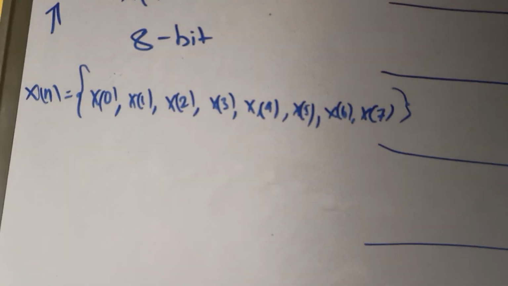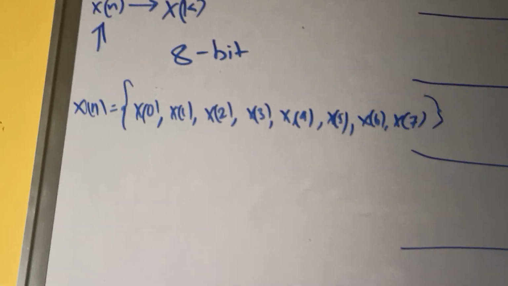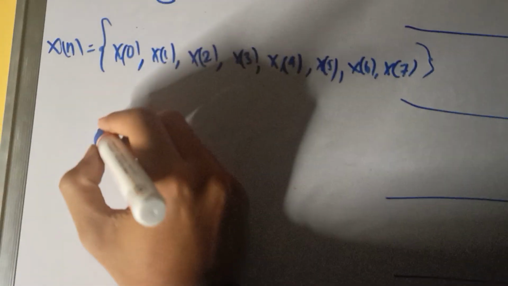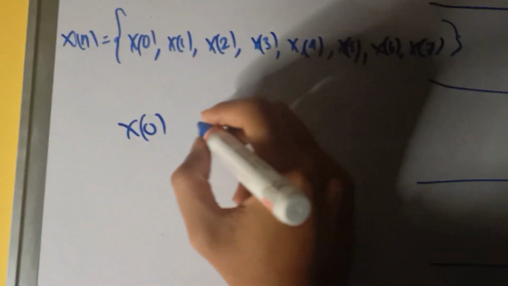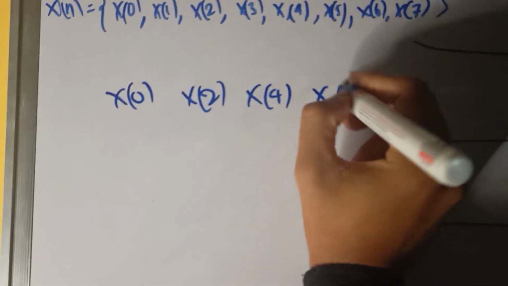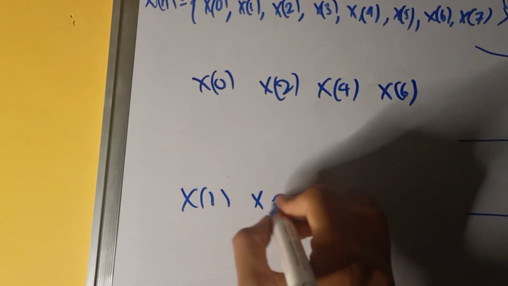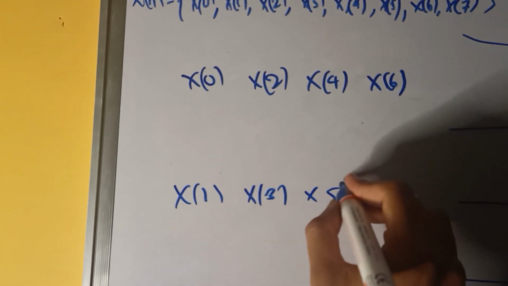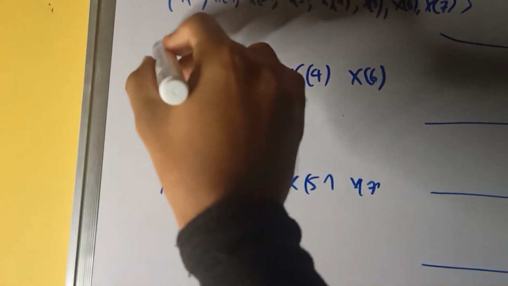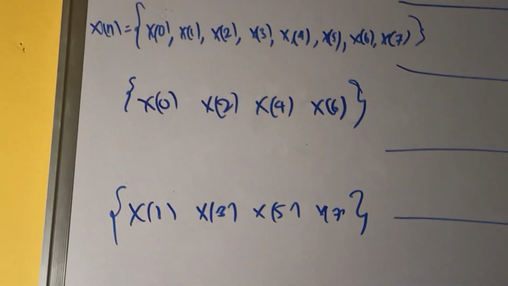Now we are going to understand the 8-bit sequence. Similarly as we did for 4-bit, first let us classify them as odd indexed and even indexed. Even indexed will be x of 0, x of 2, x of 4, x of 6, and odd indexed would be x of 1, x of 3, x of 5, x of 7. In these also we need to segregate them as even indexed and odd indexed.